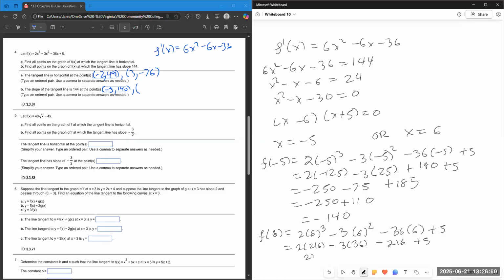So that's 432 minus 108 minus 216 plus 5. Scroll this up a little bit.